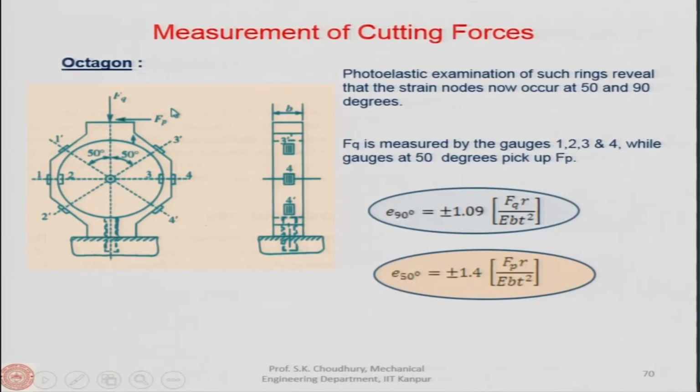This is the axial force or the tangential force. So, you can see that the only thing that has changed is that we have strengthened the structure, and because of that the photoelastic experiments have shown that the nodes have changed.